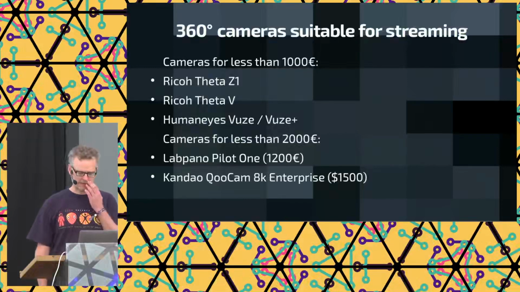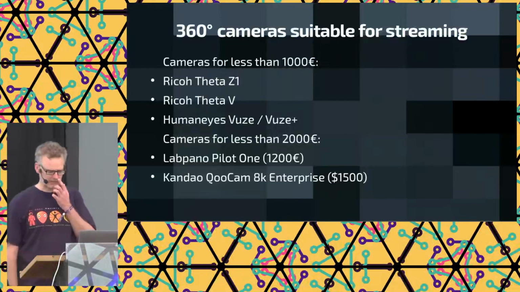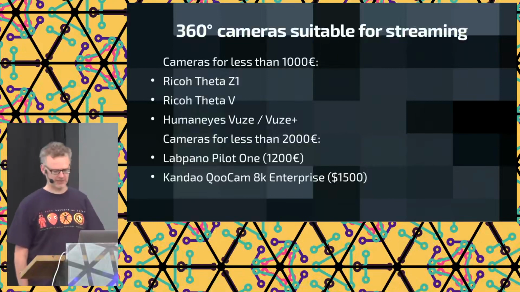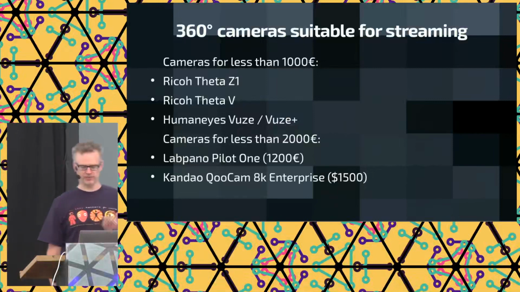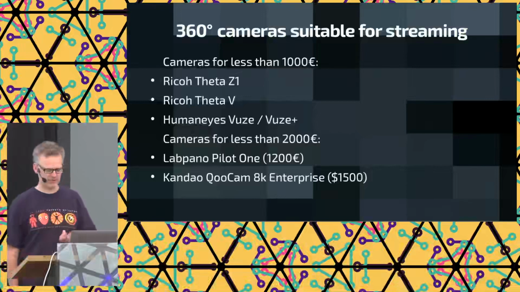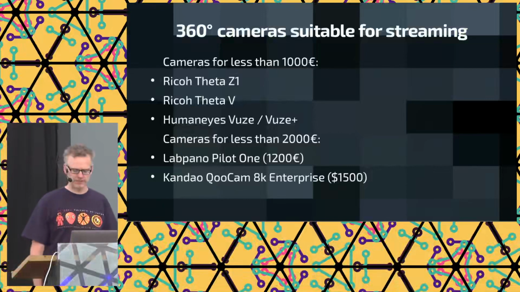I will talk a bit later about why 4K is the minimum requirement. Also, the GoPro Max, which is quite popular, can only do full HD, and the Samsung Gear 360 that I showed you, which is quite a few years old, can do 2K basically.